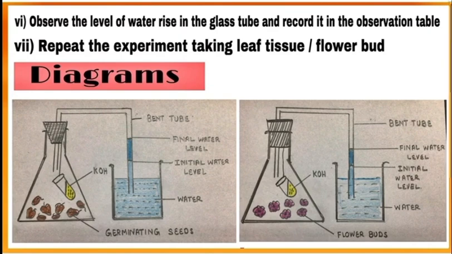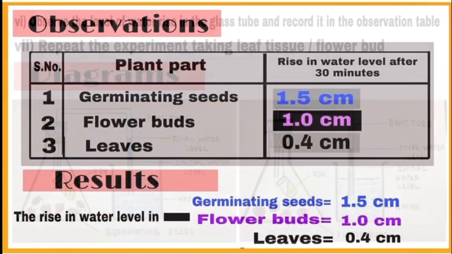Observe the level of water rise in the glass tube after 30 minutes and record it in the observation table. Repeat the experiment taking leaf tissue and flower buds also. Draw these diagrams in your practical notebook. Label them properly. You can also use pencil color to shade different parts.